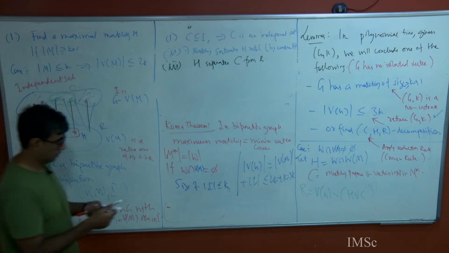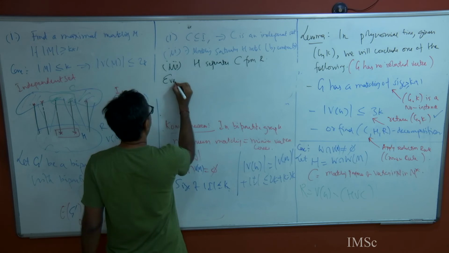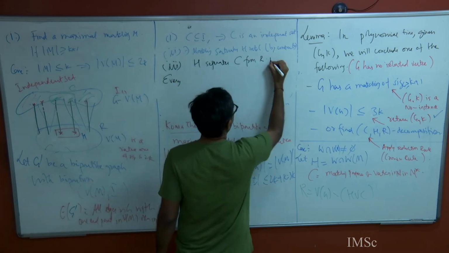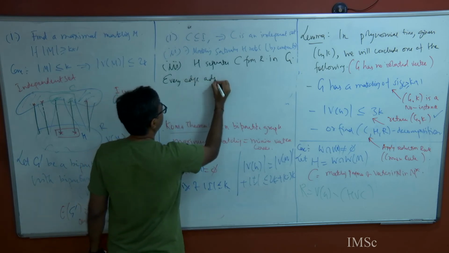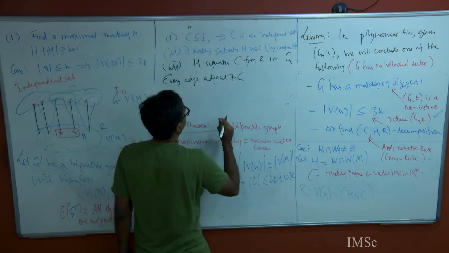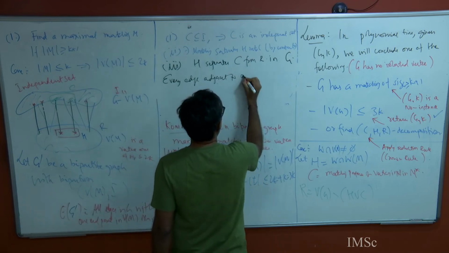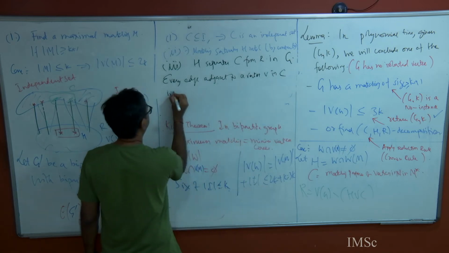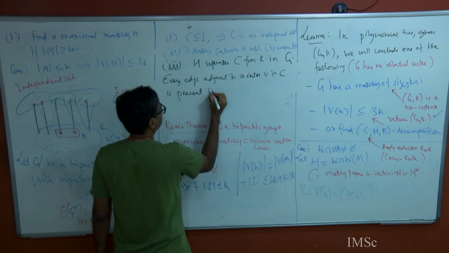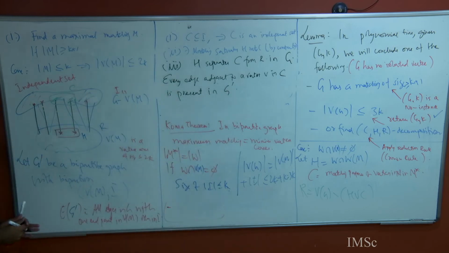First of all, notice by construction, every edge adjacent to a vertex V in C is present in G prime. How did we take it? We said look at this independent set and look at all the edges that are crossing. So there are no edges here anyway.